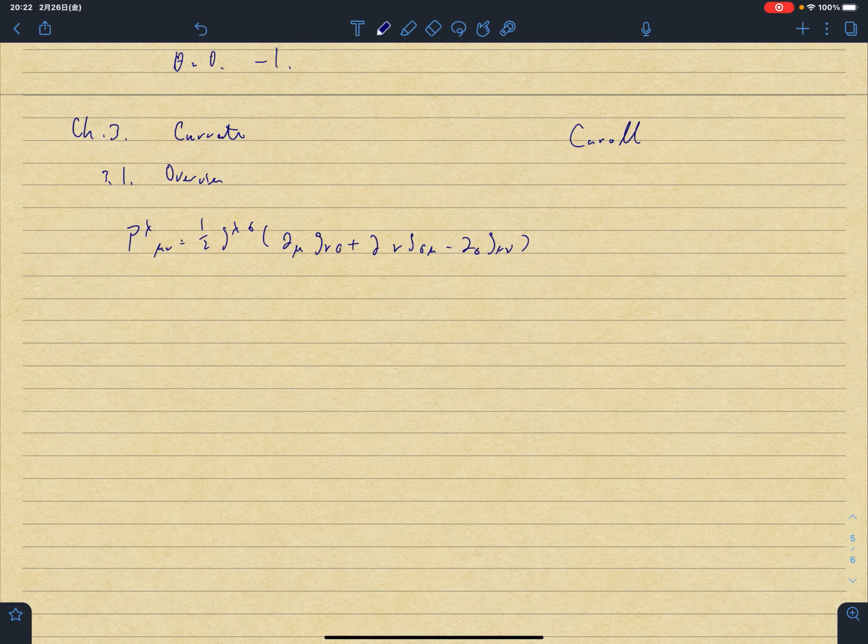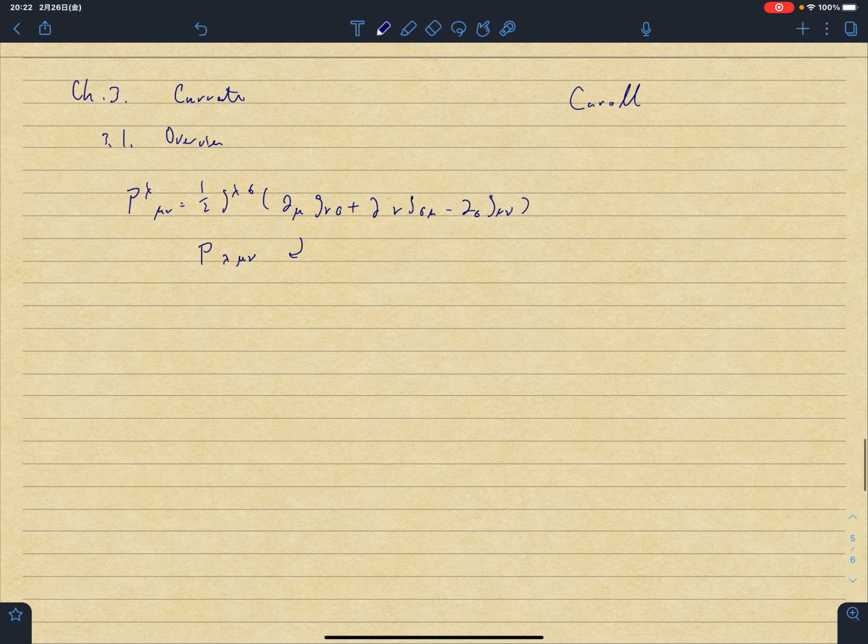Further, I think this second type of Christoffel symbol also exists, but I forget the details, so you can check by yourself.